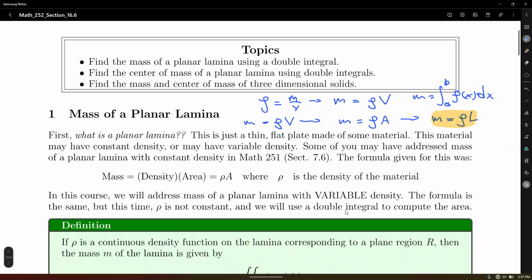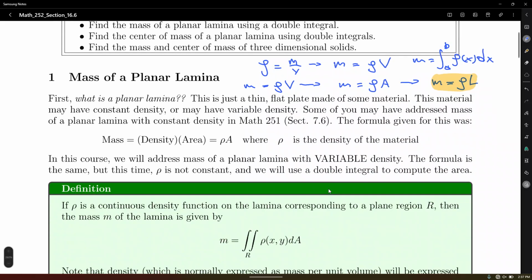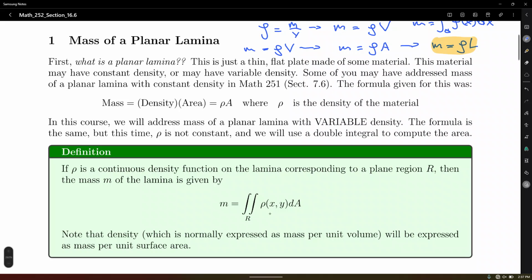So in this class we're going to look at this in two dimensions. This function rho of x y will be the density function, and this dA will be the differential for area, dy dx or dx dy, depending on how we prefer to iterate the double integral, whether the region is vertically simple or horizontally simple.